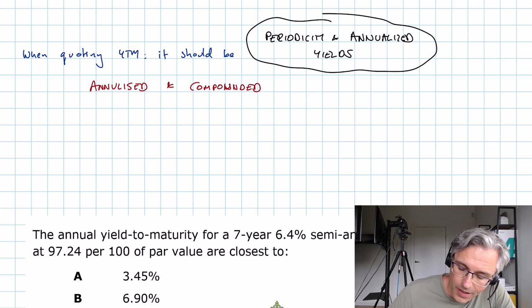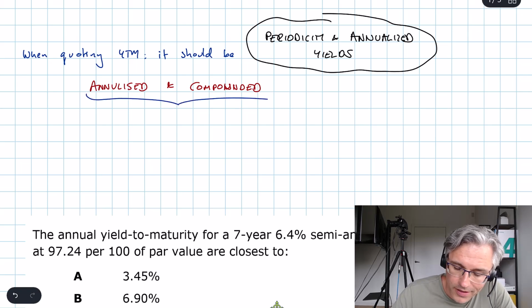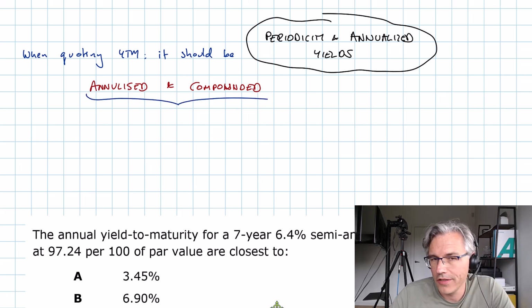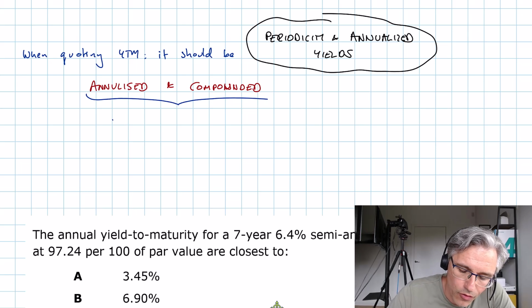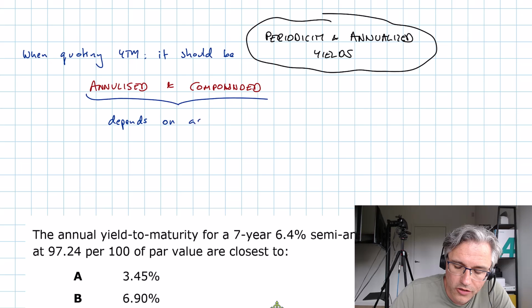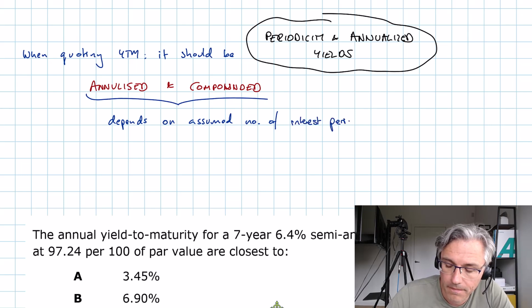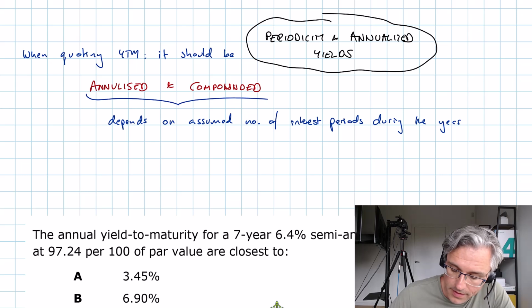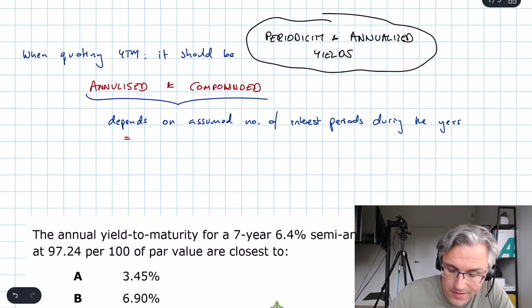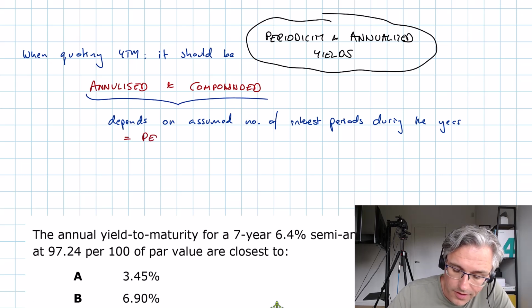And how you arrive at that annualized and compounded YTM will really depend on an assumption that you need to make. It depends on the assumed number of interest periods during the year. That assumption is called the periodicity assumption.